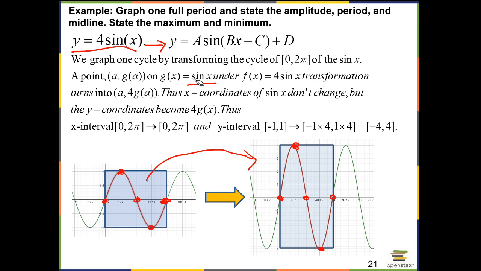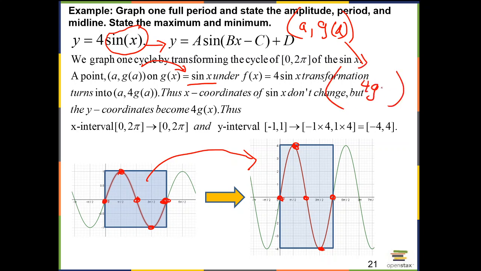Well, for a and g of a on regular sine, what happens to the y coordinate? You just multiply it by 4. This is the old y, multiplied by 4. So a and g of a is going to go to 4g of a. And what happens to x? Nothing, because there is no transformation on x, so x remains the same.